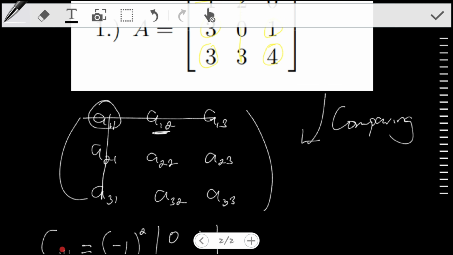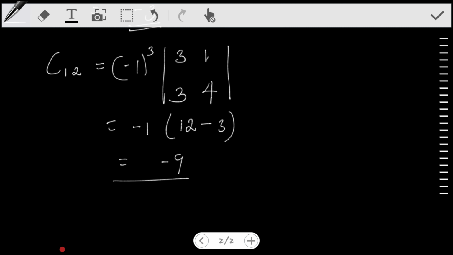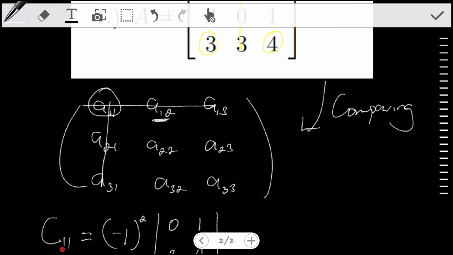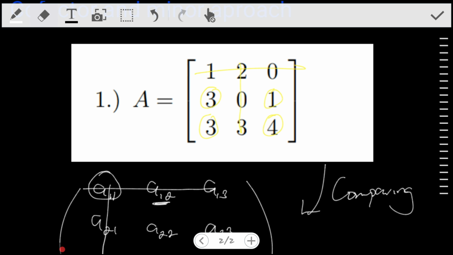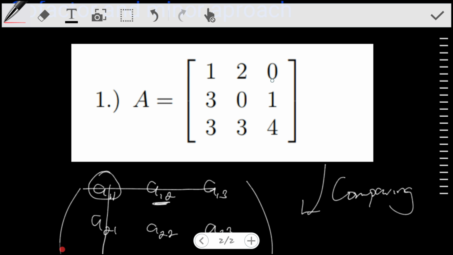Now let's get the cofactor of 0, right? Now I know it is 0, but let's get it. So C1,3, which will be equal to -1 to power 1 plus 3, you're going to get 4. Now let's form the minor matrix in this case. Let me remove this, and now we are forming the minor for 0, right? So we are eliminating this, and where there's 0, I'm having only that, right?